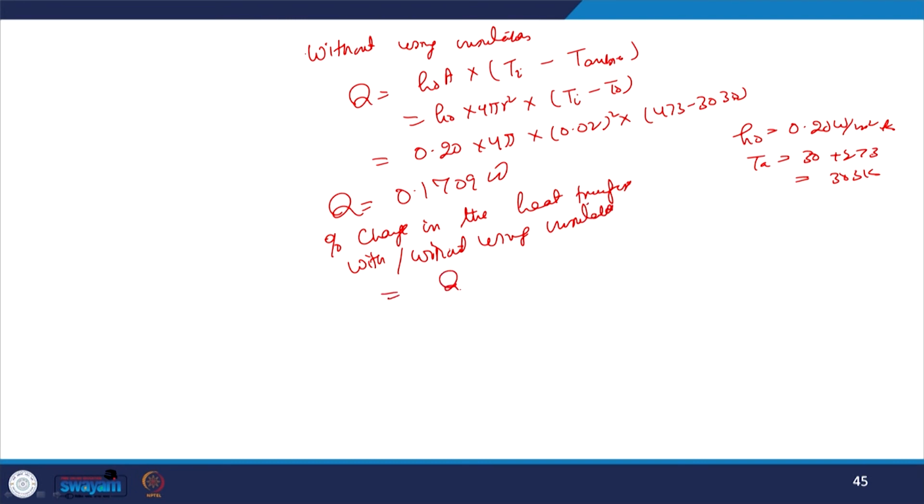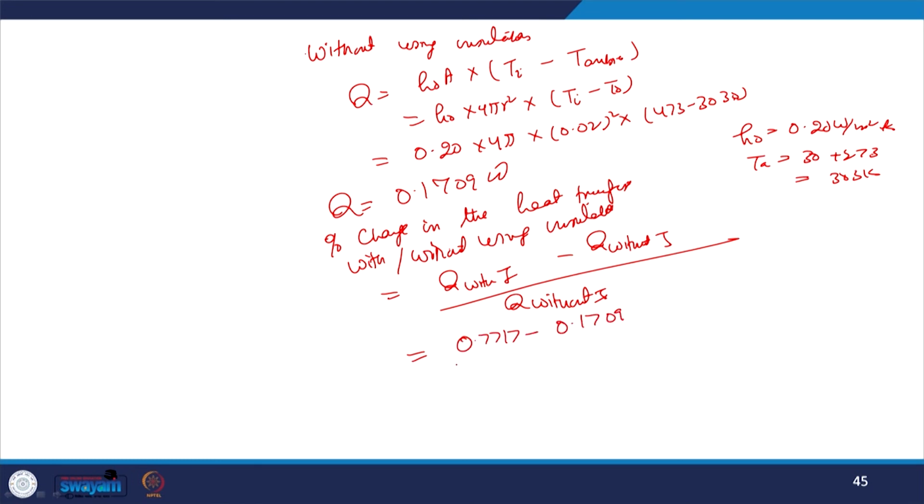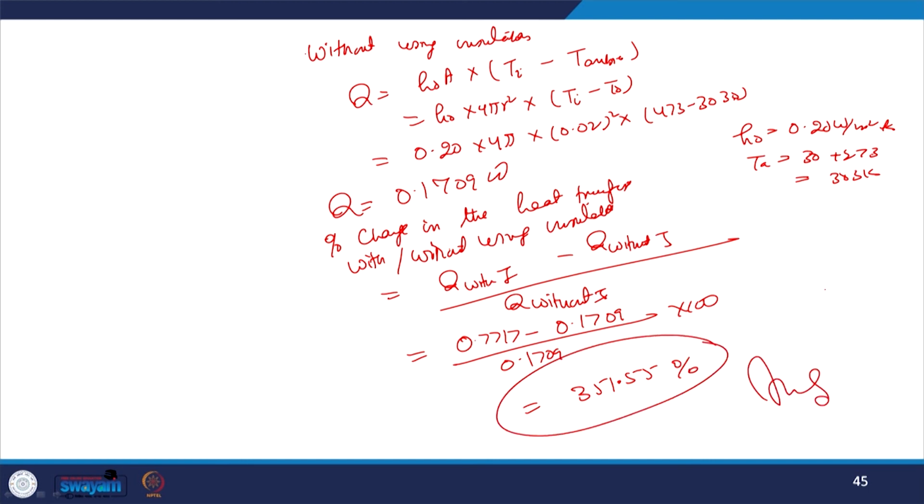This is (Q with insulation − Q without insulation) upon Q without insulation, and that comes out to be (0.7717 − 0.1709) upon 0.1709 into 100, which is equal to 351.55%, and that is our desired answer.